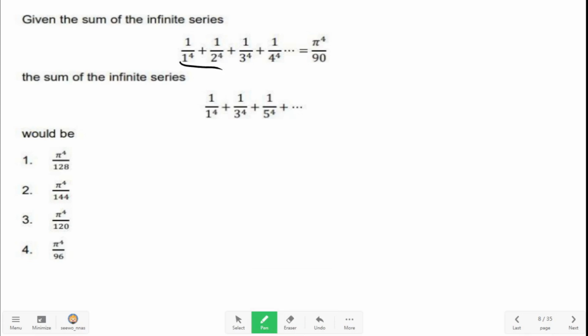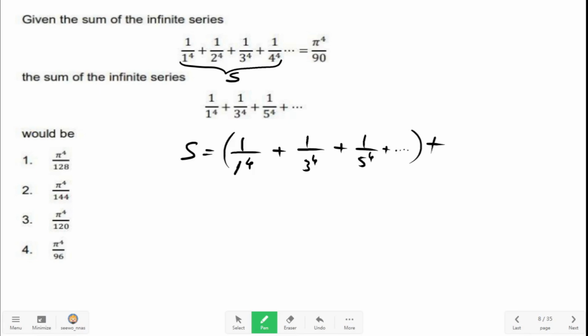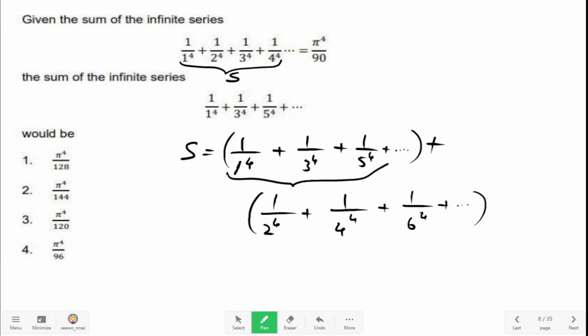What we can do is name this series as S. Then S can be written as 1 by 1 raised to 4 plus 1 by 3 raised to 4 plus 1 by 5 raised to 4 plus etc., plus 1 by 2 raised to 4 plus 1 by 4 raised to 4 plus 1 by 6 raised to 4 plus etc. Let us name the first sum S odd, because in all of its terms we have odd numbers raised to the power 4.